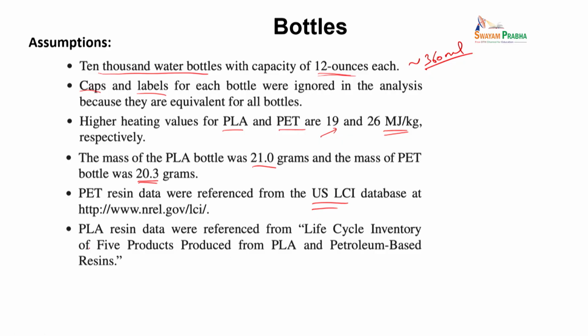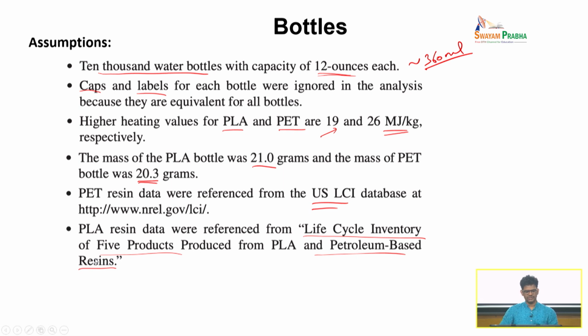So the data is obtained from the US life cycle inventory database. This is a government repository that gives all this data, and this particular entire analysis is taken from this paper. If you remember, we talked about this paper in one of the previous classes where we compared different resins.